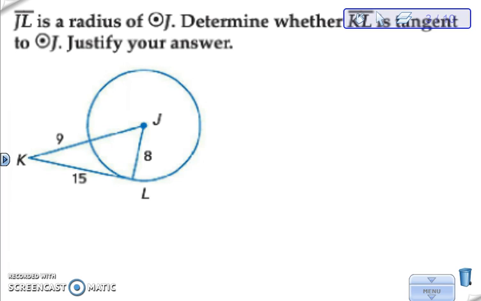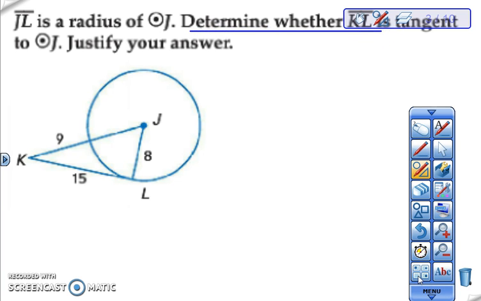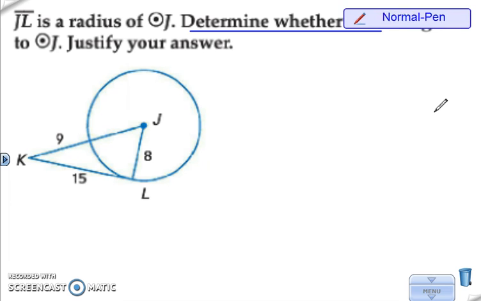So if we are attempting to determine whether or not the line is tangent to the circle, all we have to do is figure out whether or not the line forms a right angle at the point of tangency. And of course we do that by proving that this is a right triangle. So we're going to use our Pythagorean theorem.